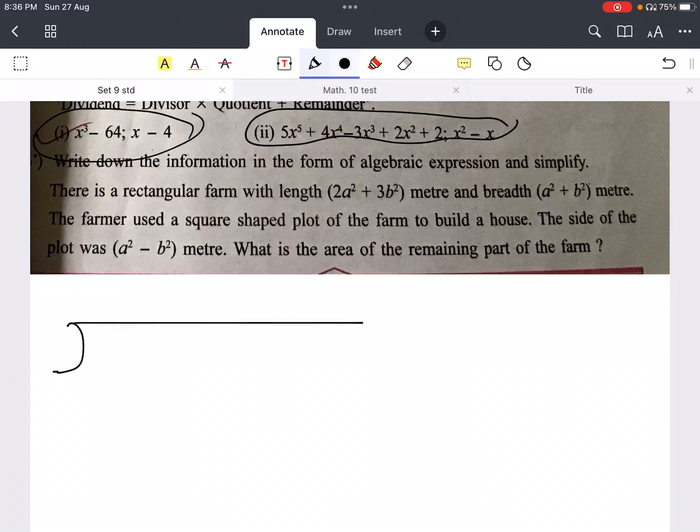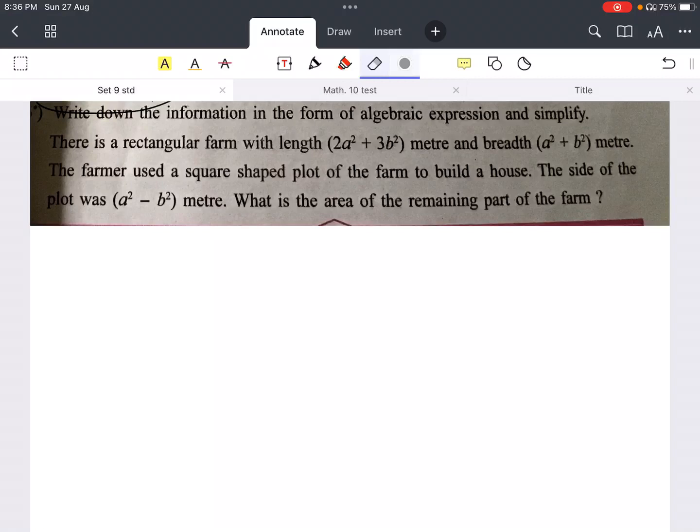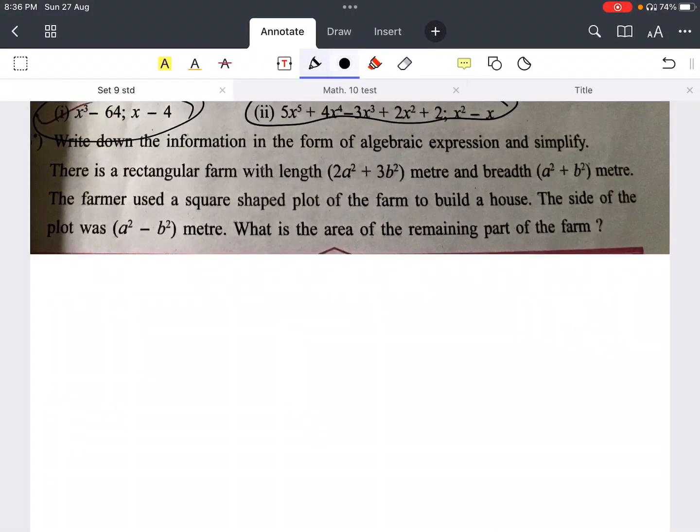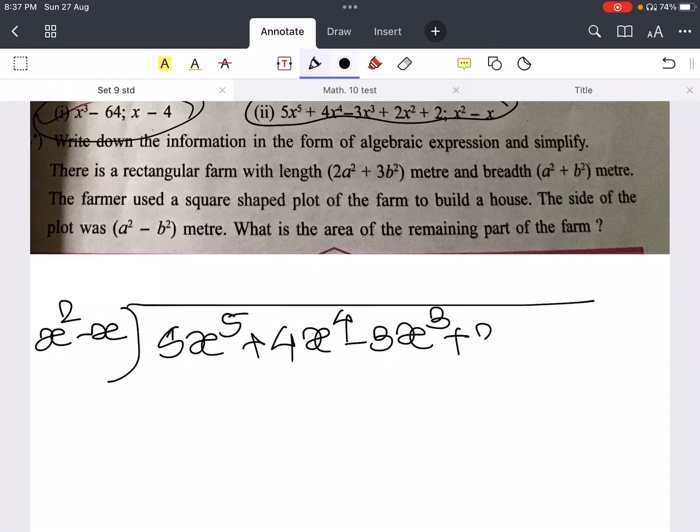So x square minus x, and 5x raised to 5 plus 4x raised to 4 minus 3x cube plus 2x square plus 2.